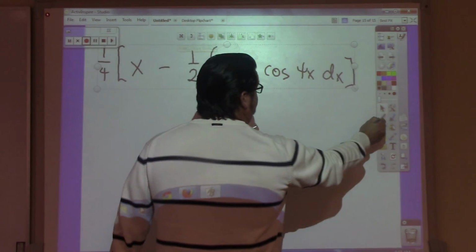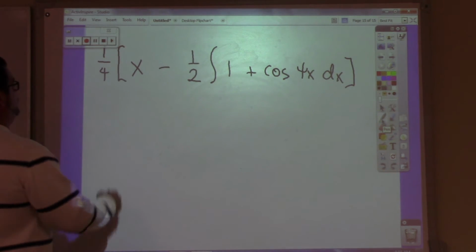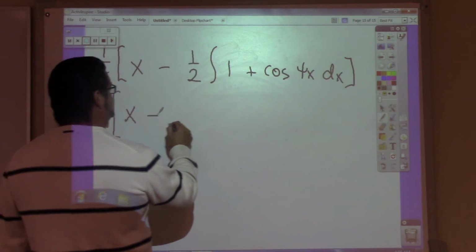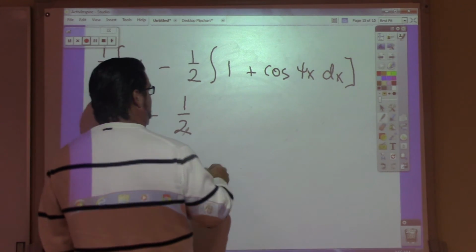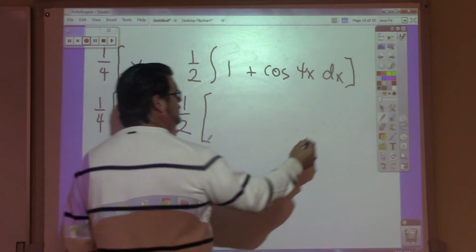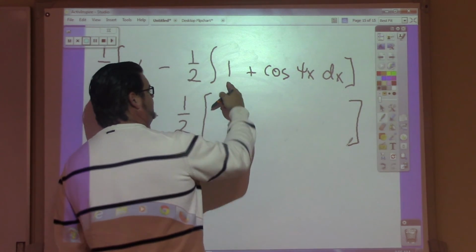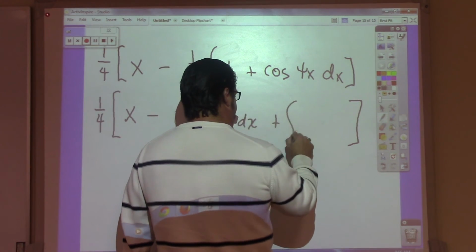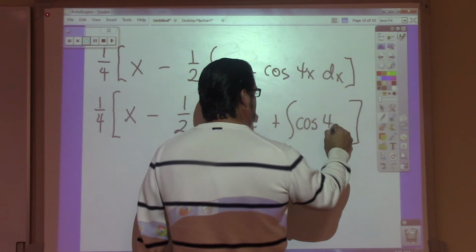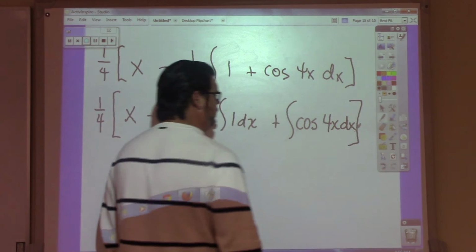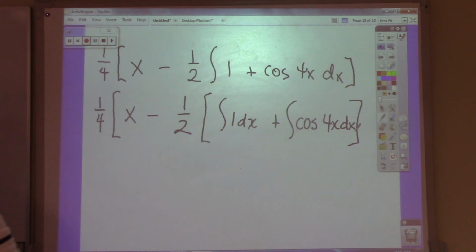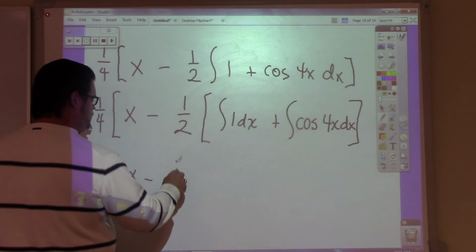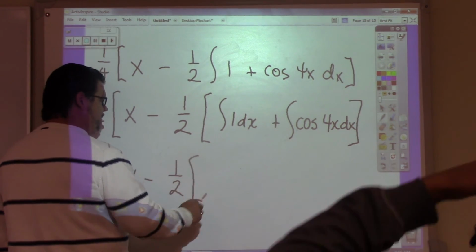So that'd be 1/4 x minus 1/2, and then I'm going to put brackets here, and the antiderivative of 1 dx plus the antiderivative of the cosine of 4x dx. That'd be 1/4 x minus 1/2 brackets.